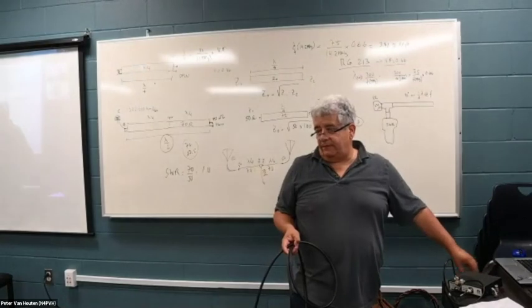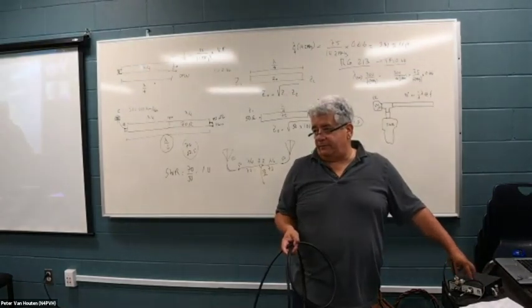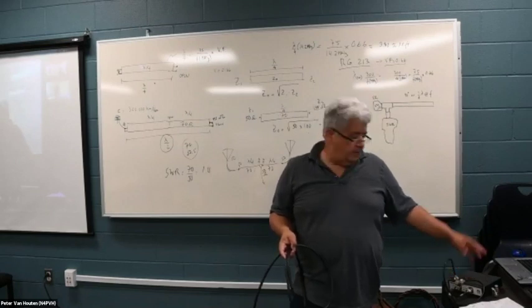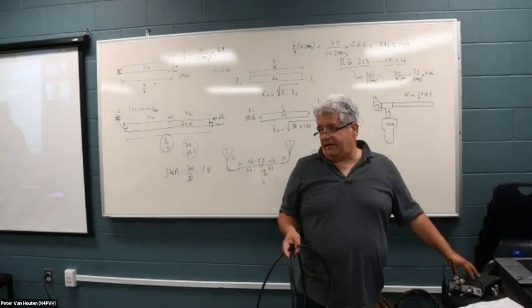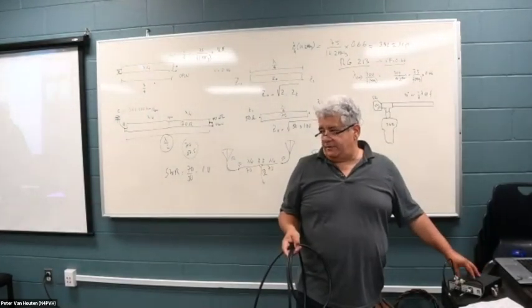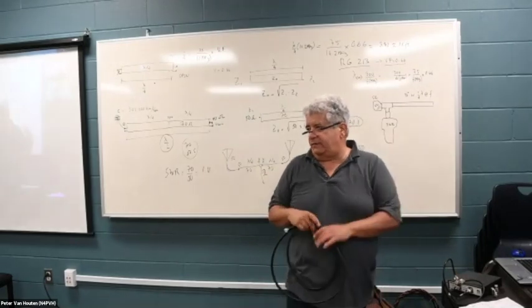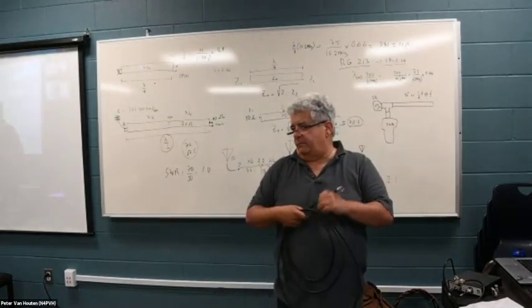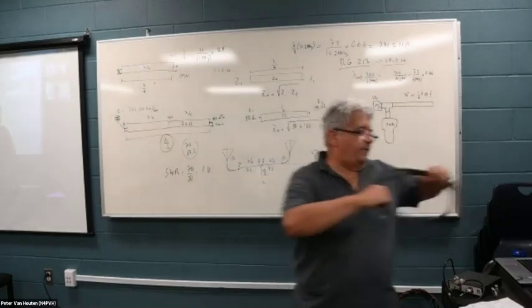But this one sells north of $1,000. The other ones are like $100, $60, $70. They are maybe not as precise, or don't have the dynamic range that this one has, but they are pretty good enough for ham activity. No problem at all.